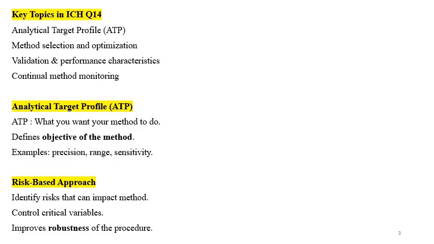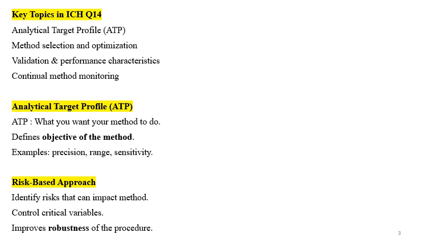Key topics in the ICH Q14 are the analytical target profile, that is ATP. Analytical target profile is the understanding about the method requirement, meaning what we are going to test and what the requirement is. Then method selection and optimization, validation and performance characteristics.